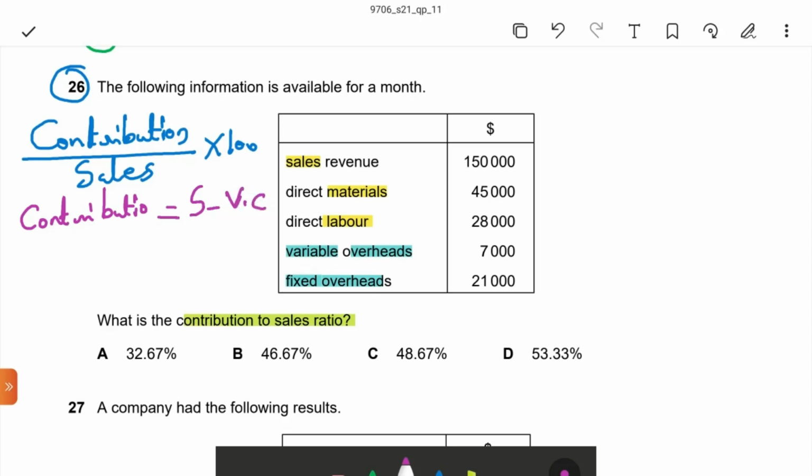Here the material and labor are the variable costs. Sales is given as 150,000. So 150,000 minus 45,000 plus 28,000. It means 80,000.